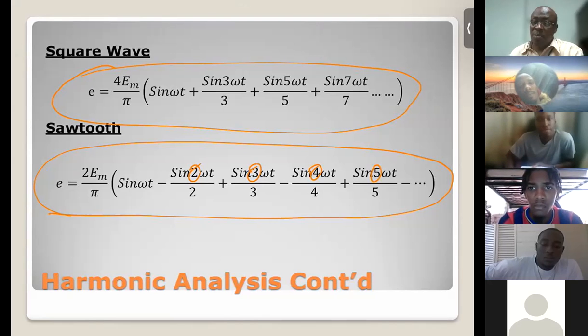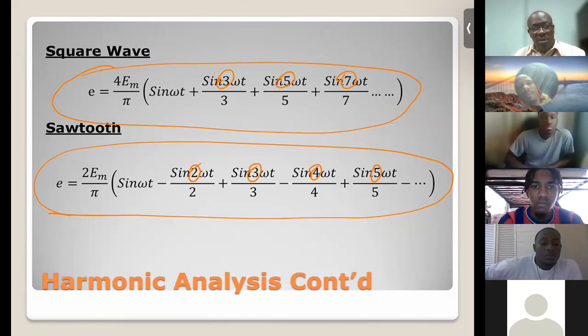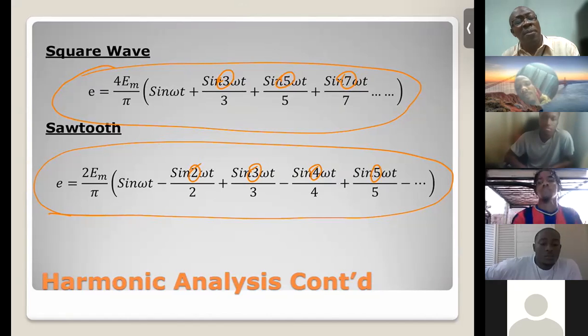That's for the sawtooth. For the square wave, however, we have the third, the fifth, and the seventh. So we only have the odd for the square, but we have all for the sawtooth.